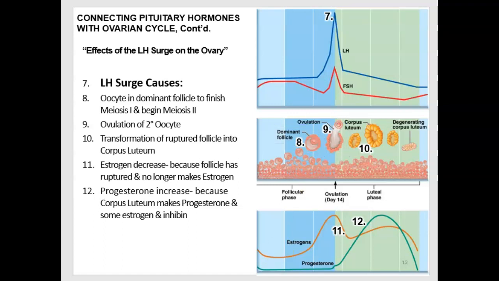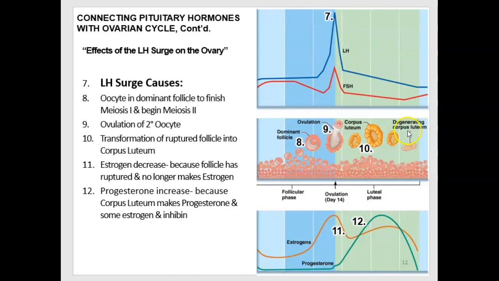So those are the first two things that this LH surge does. And so often ovulation kits are looking for high levels of LH, trying to detect when ovulation is going to happen by looking at peaks and valleys in LH production.